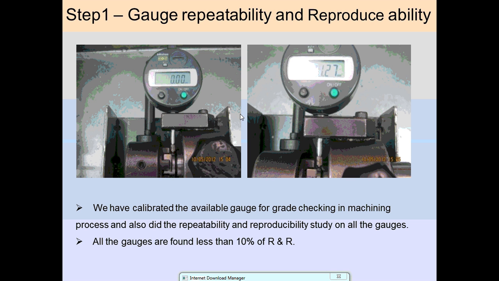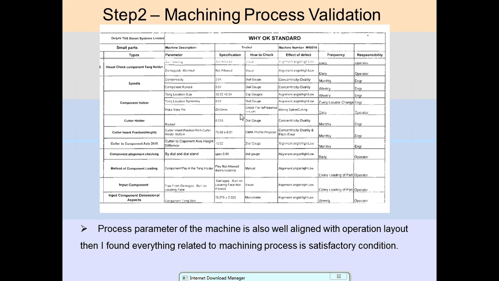This is the gauge repeatability, which can show the axial play and the radial play, and in that we can see the maximum allowance, which should not be more than 0.70.